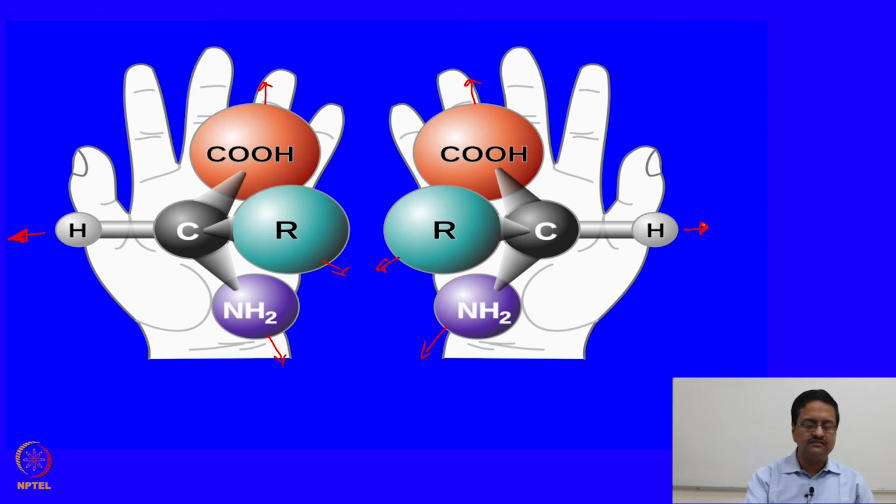So this means these two molecules are different, and the arrangement of those atoms about the central carbon is different. This difference in orientation of the bonds makes these two molecules completely different. So they will have different physical properties.